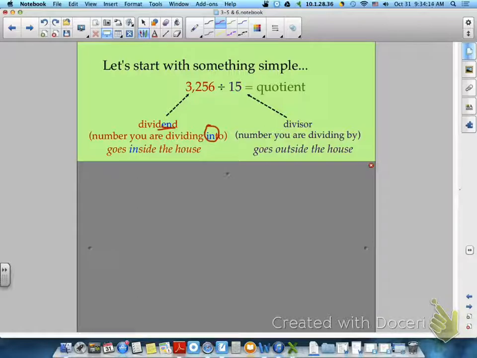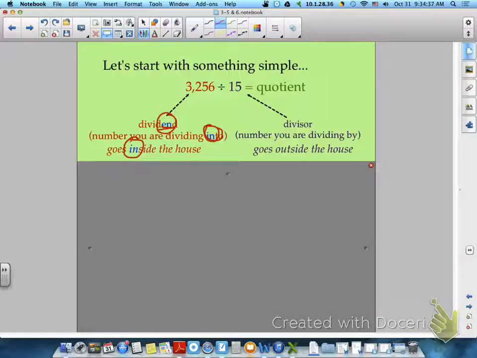So inside, into, and the EN all tell you that the one that goes inside is the dividend, which means the other one has to be the divisor. That's the number you're dividing by, and therefore it goes outside.